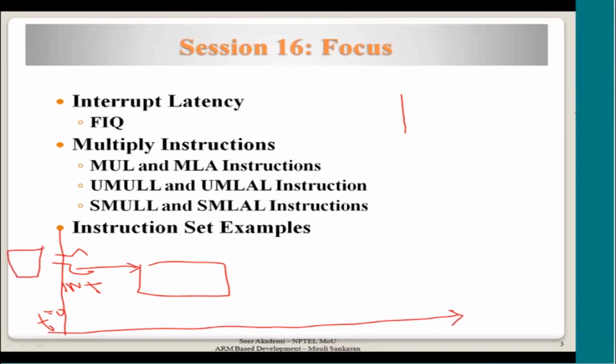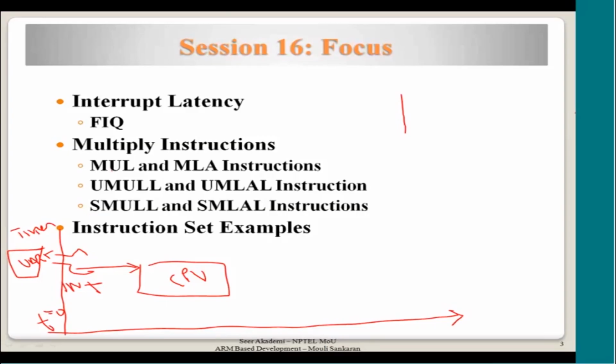It could be a UART, a serial port controller, or some other timer, or some peripheral which is running independent of the CPU. So it is generating an interrupt. It doesn't have any sense of where the processor is at that moment. Whenever it has completed its programmed job, it generates an interrupt.